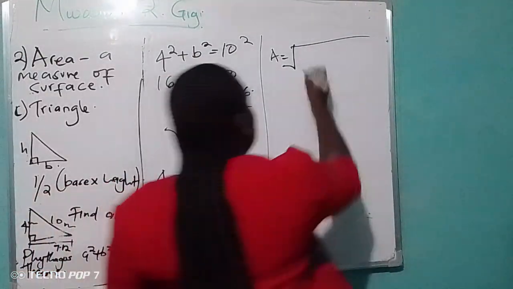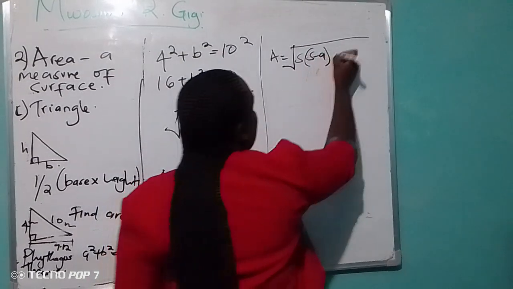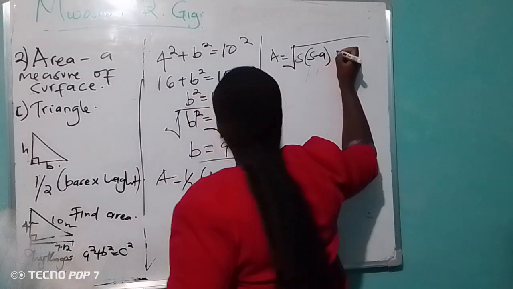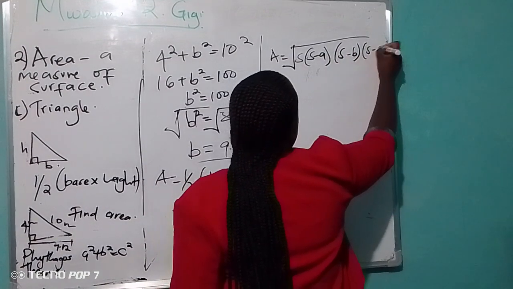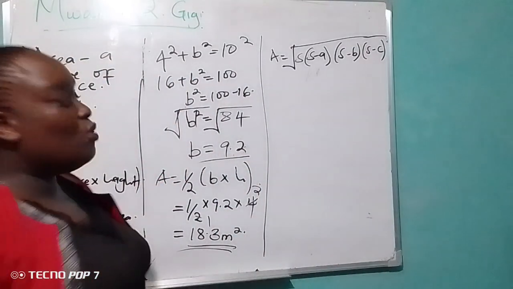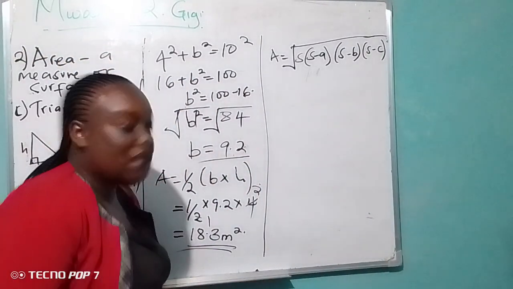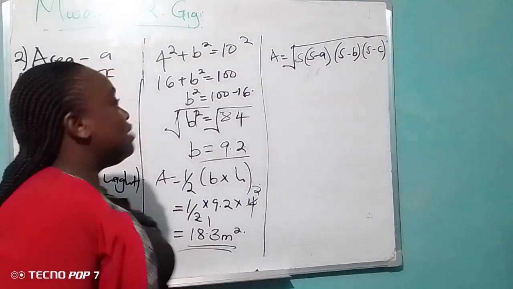So it's the square root of s into s minus a, s minus b, s minus c. Okay? So you just go to the calculator properly, or you can cram it too. It's an easy thing.